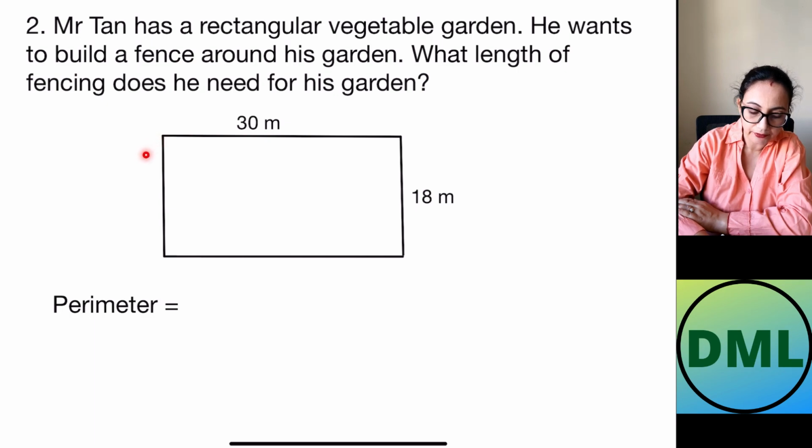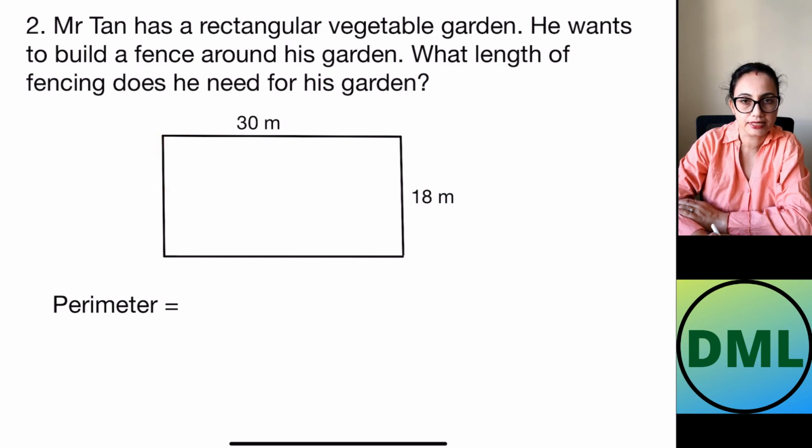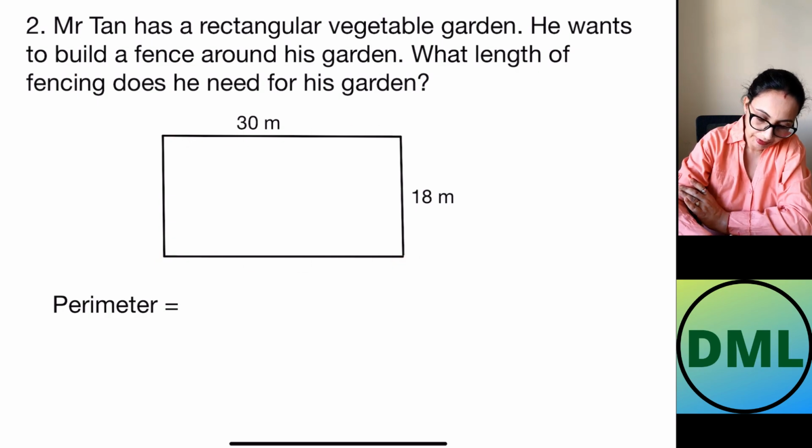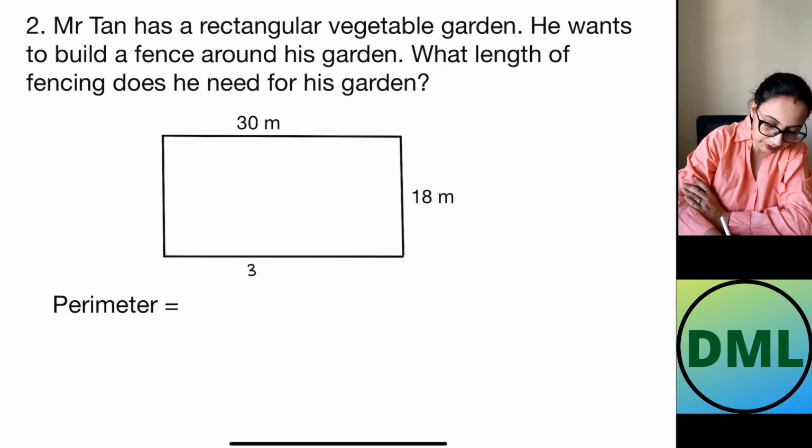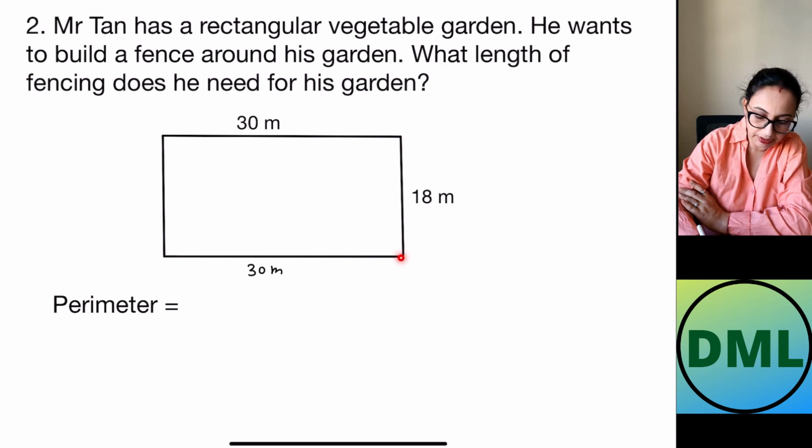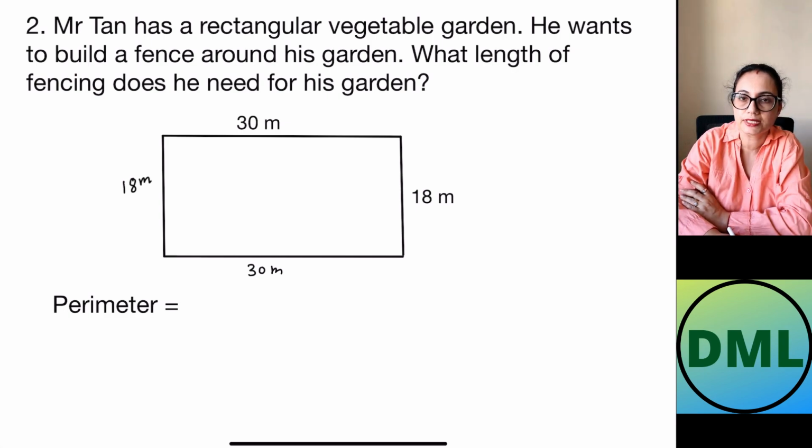I need to calculate the lengths of the missing sides. If this is 30 meters, this is also 30 meters. Let's write down here 30 meters. If this is 18 meters, this one is also 18 meters. Let's write down, this is also 18 meters. If I need to calculate how much fence I am using, I need to calculate the perimeter of this rectangular field.